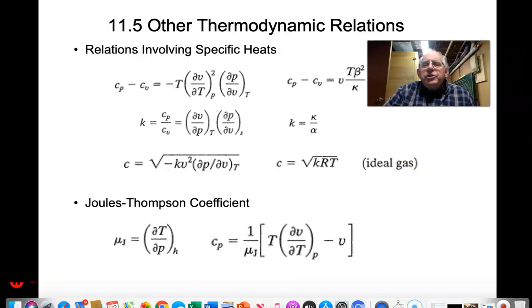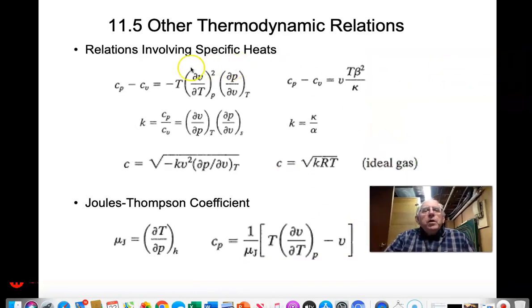Some of the other relationships involve specific heats, C sub P and C sub V. It turns out that the difference between those two parameters happens to be related to some of the changes of the pressure, volume, and temperatures given in this particular fashion here.